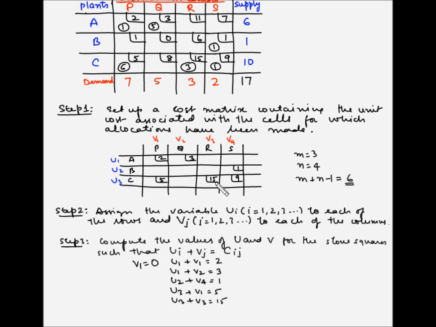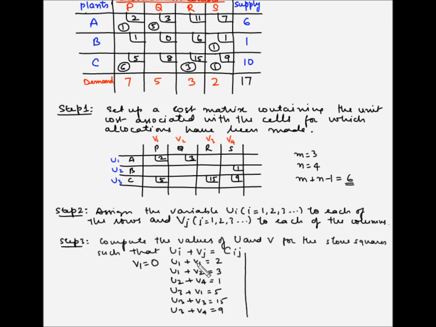And u3 plus v4 equals to 9. Now we have assumed that v1 is equal to 0, so let's find out the values of ui and vj's.